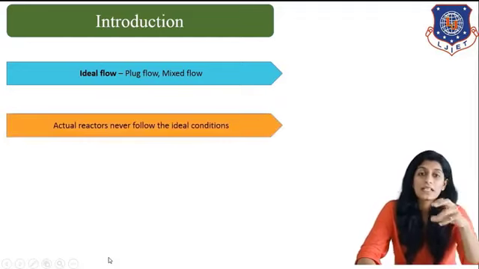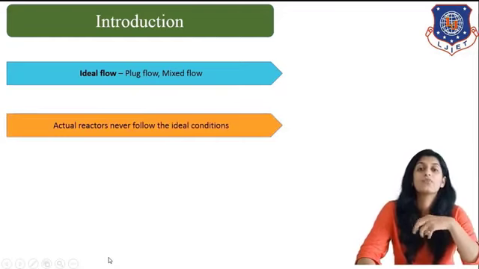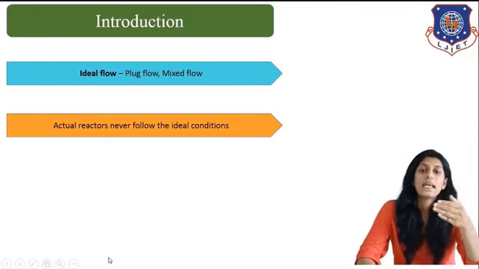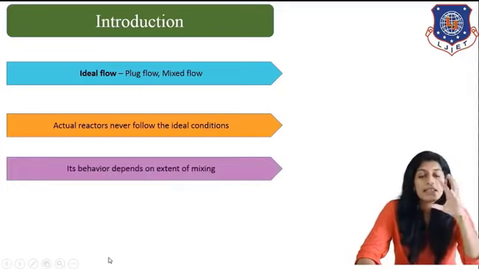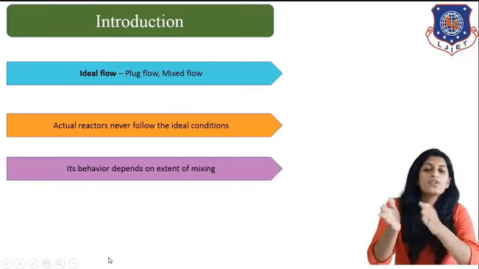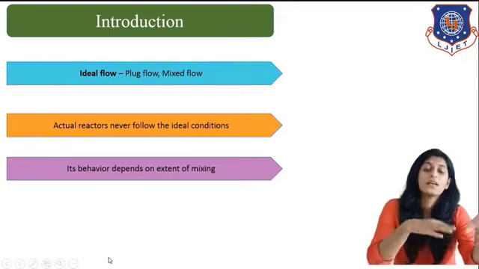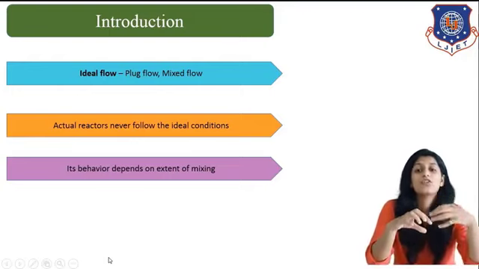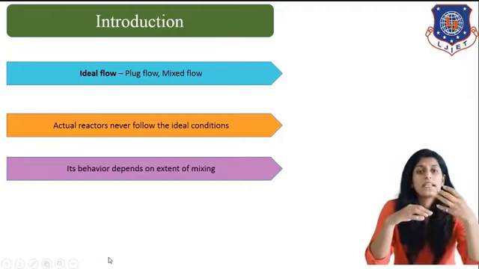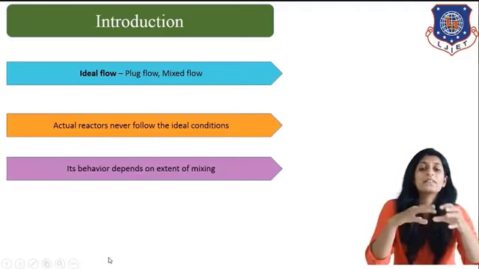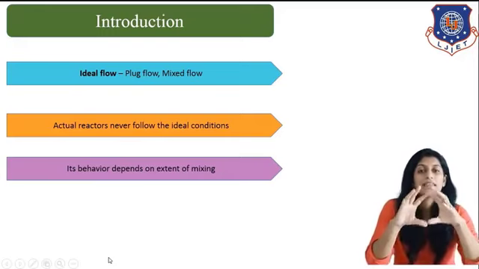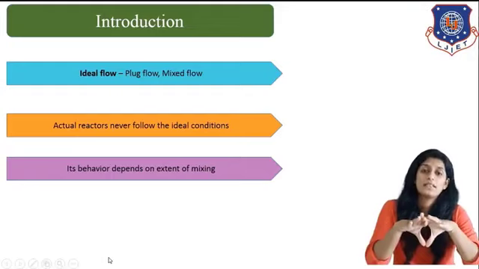Now, the actual reactors which we use in industry to produce goods generally deviate from ideality and never follow the ideal flow patterns or conditions. This deviation from ideality towards non-ideal flow patterns depends upon the extent of mixing, how the fluid is getting mixed throughout the reactor.